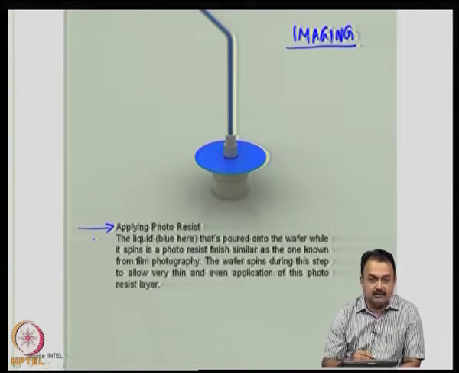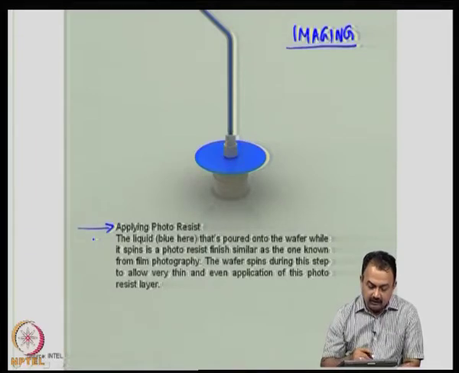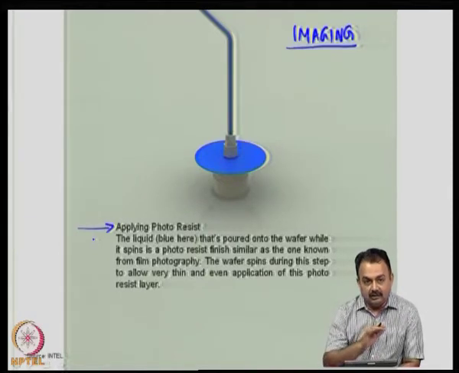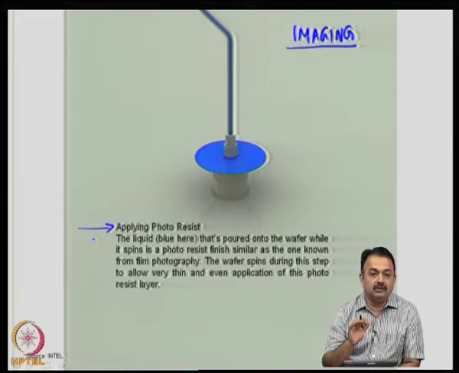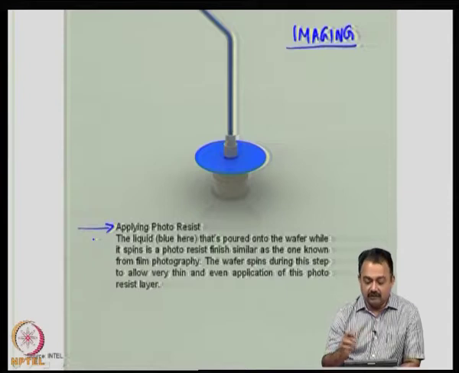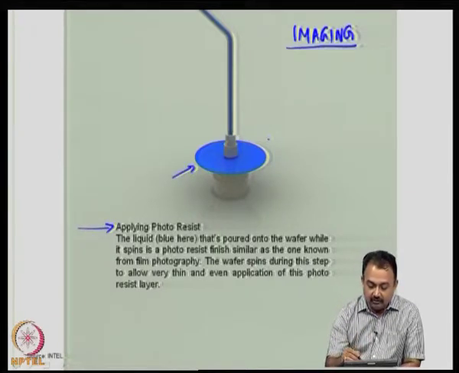In this picture, the blue color depicted is the liquid photoresist material that is applied. The liquid is poured onto the surface of the wafer, and you have to make sure that the thickness of the photoresist is uniform throughout the surface of the wafer. You can't have uneven thicknesses from one end of the wafer to the other end.